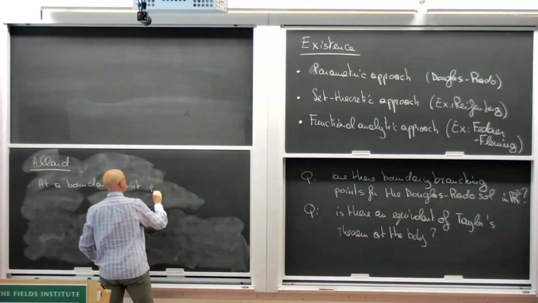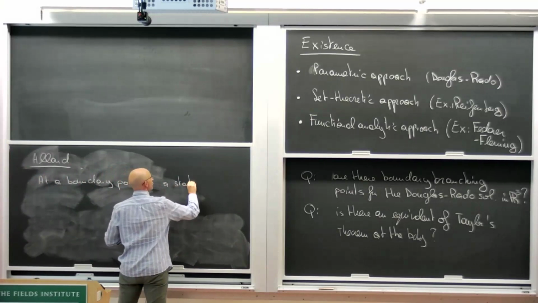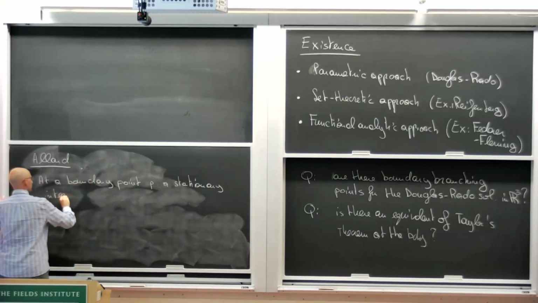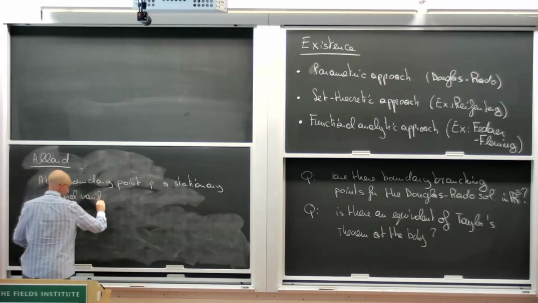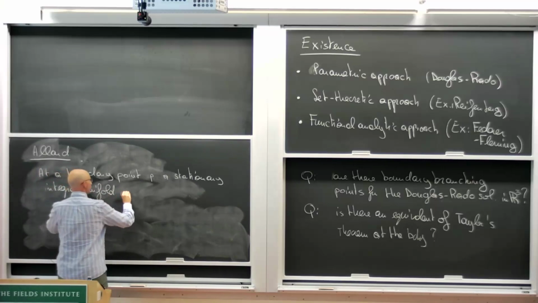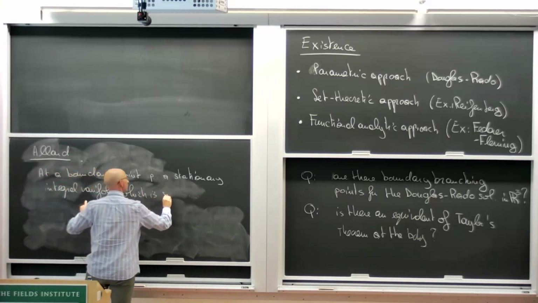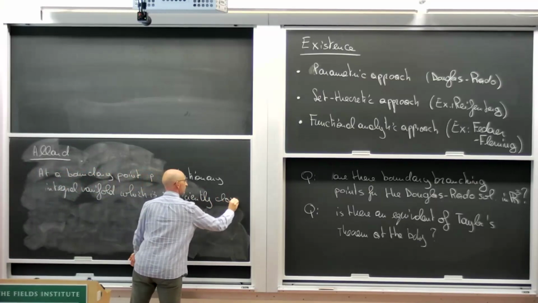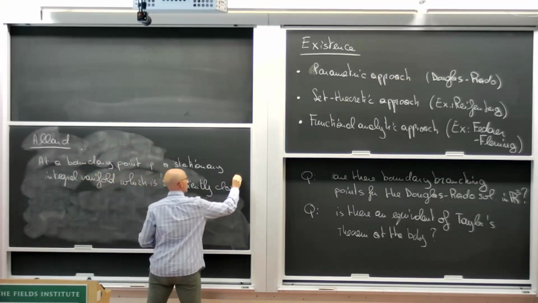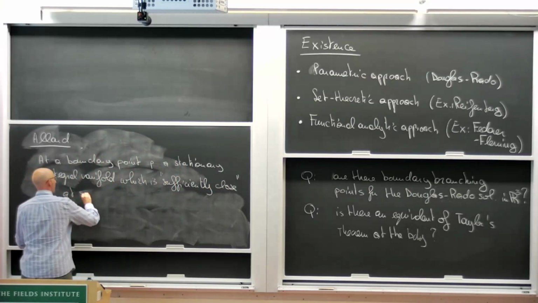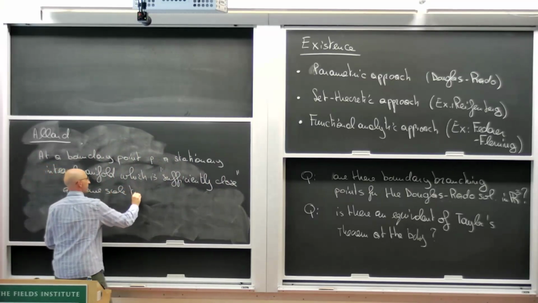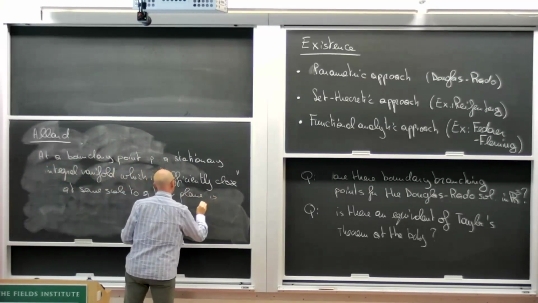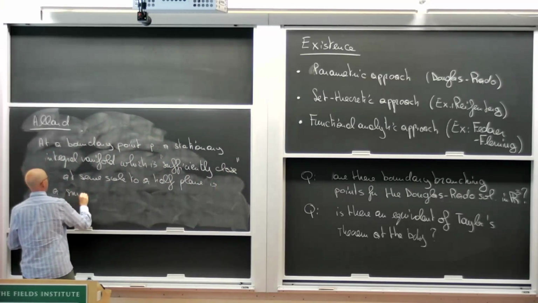So at the boundary point P, a stationary integral varifold, that's the technical notion, which is sufficiently close at some scale to a half plane is in fact a smooth minimal surface at a slightly smaller scale.